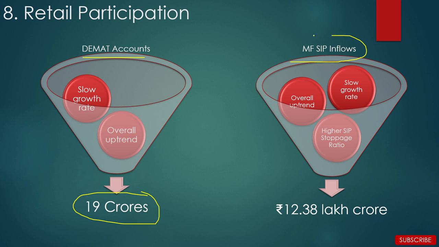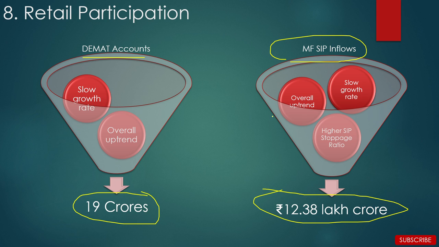The mutual fund SIP inflows, the AUM stood at around 12.3 lakh crore, with the monthly inflows consistently staying over 20,000 crores each month. The total SIP contribution for the first 11 months of the financial year reached a substantial 2.65 lakh crore. This is a significant jump compared to the previous fiscal year.